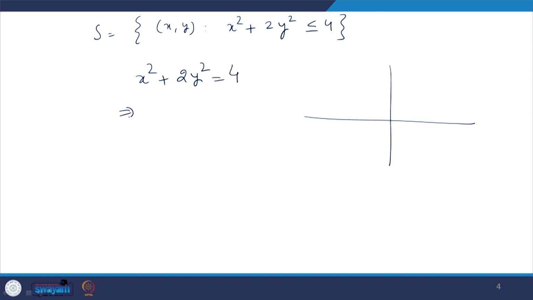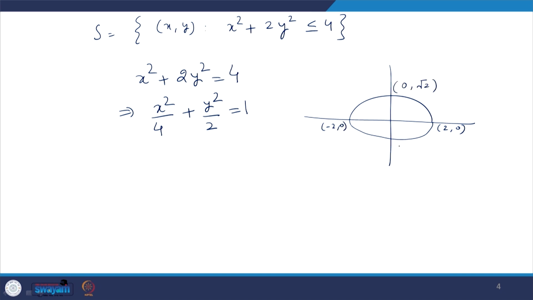So, this is basically x square by 4 plus y square by 2 equal to 1, and this is nothing but an ellipse. Okay. So, an ellipse with a square 4 and b square 2. So, that is something like this kind of ellipse. Okay. So, this point is 2 comma 0, this point is minus 2 comma 0, this point is 0 comma root 2, and this point is 0 comma minus root 2.